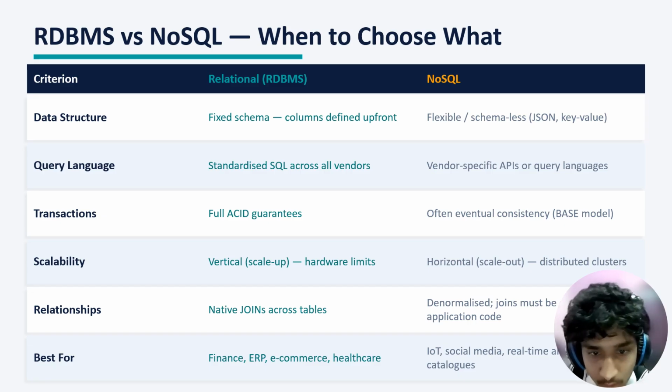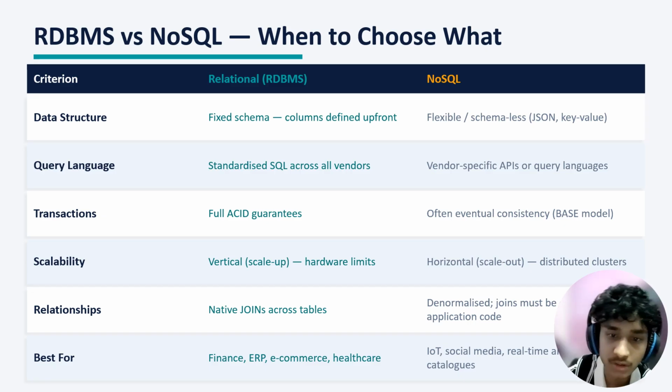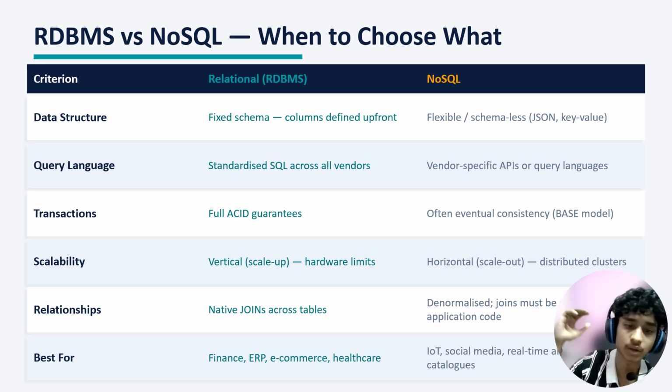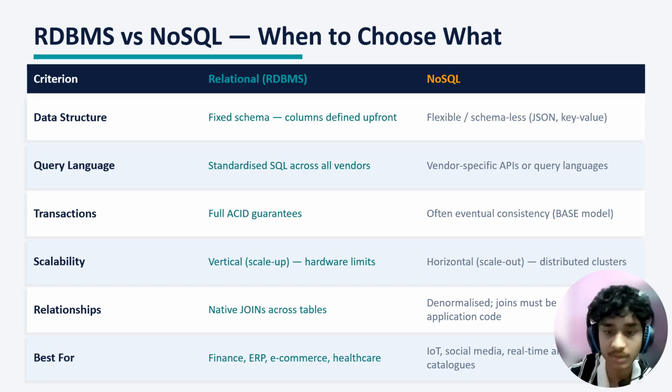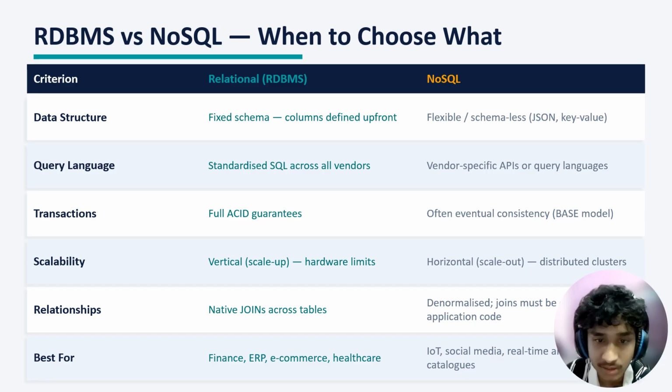And in NoSQL, it is often an eventual consistency based model. And about scalability, the relational database scales vertically, which means it has certain limits. It has a hardware limit, whereas NoSQL has horizontal or distributed clusters.